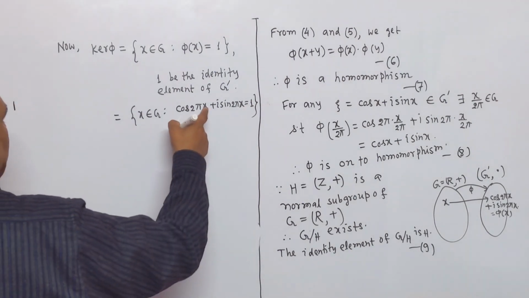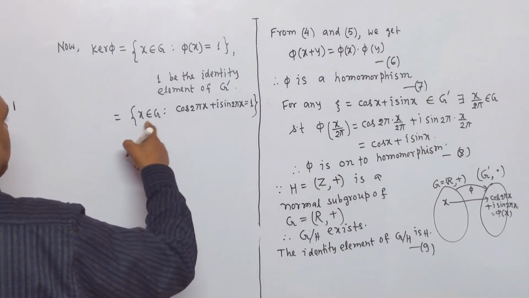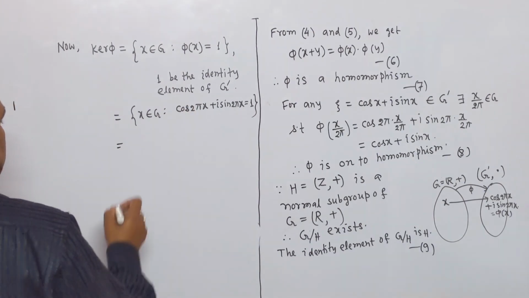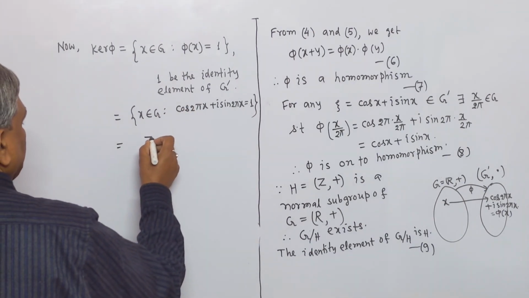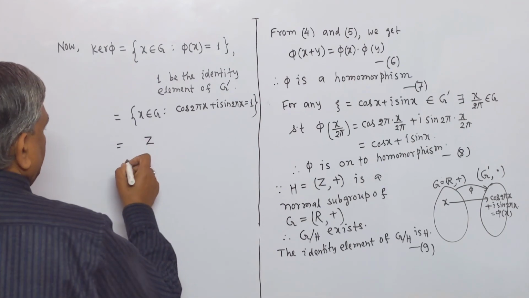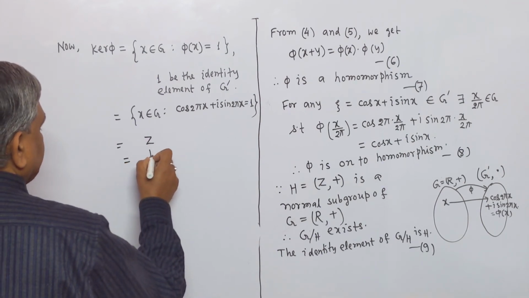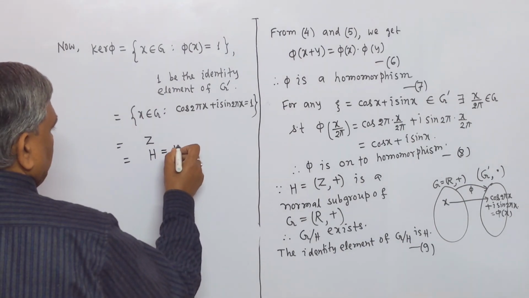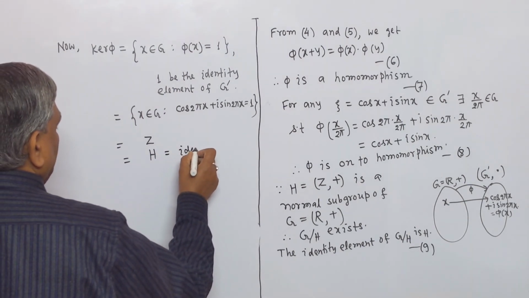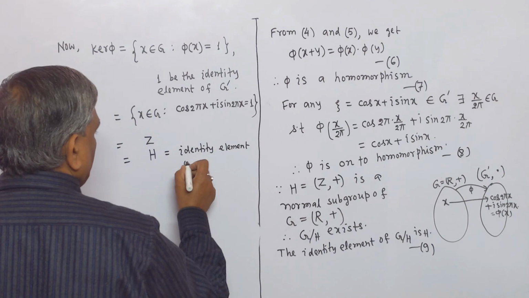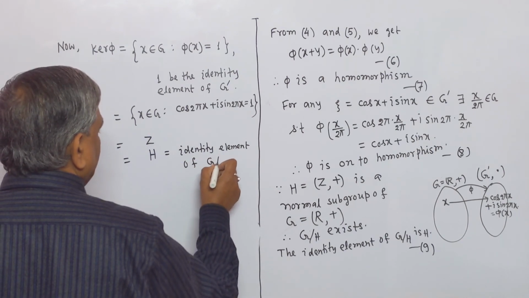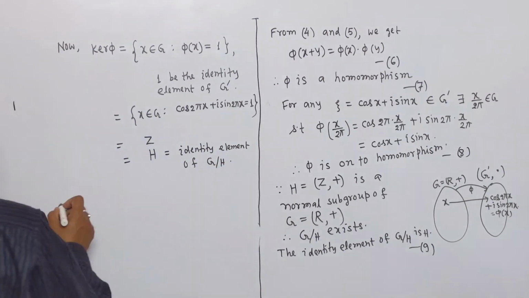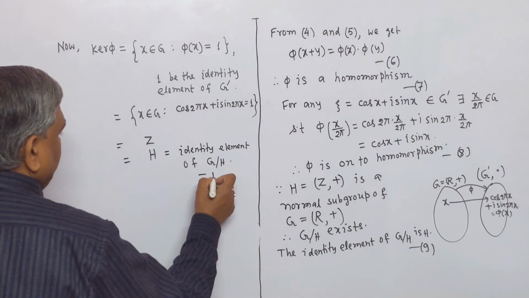This is possible only when x belongs to Z. That means this is equal to Z equal to H equal to identity element of G by H. This is number 10.